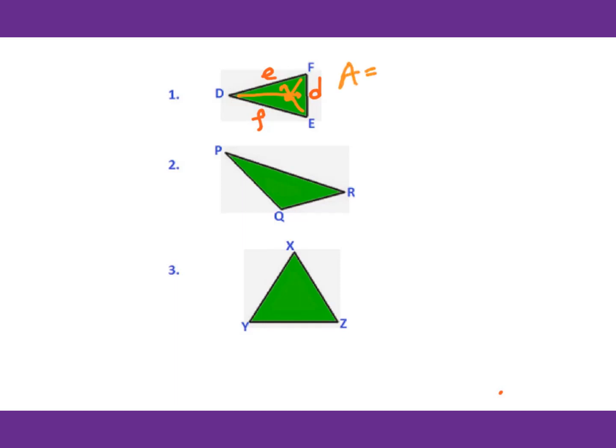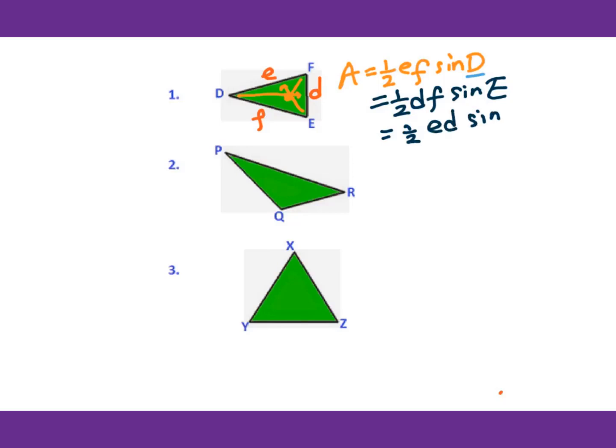Therefore, area equals 1/2 EF sine D. Remember, D is included angle. Or I can write down 1/2 DF sine E, or equals 1/2 ED sine F.